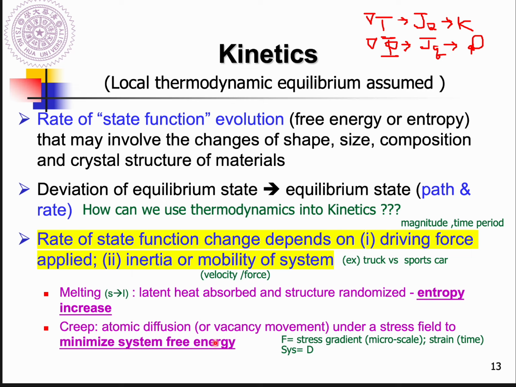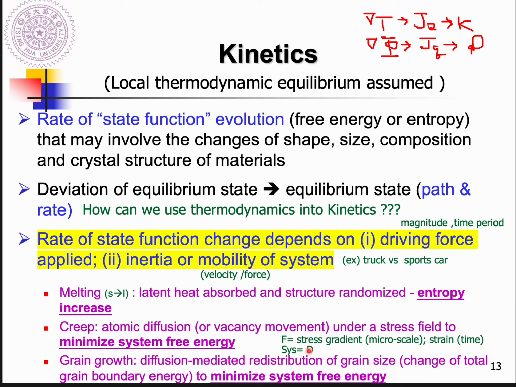And as I remember, you learned that creep is easily observed at high temperature, right? Which matches what you learn here, right? Because at high temperature, the diffusivity is higher, right? So the result turns out consistent.